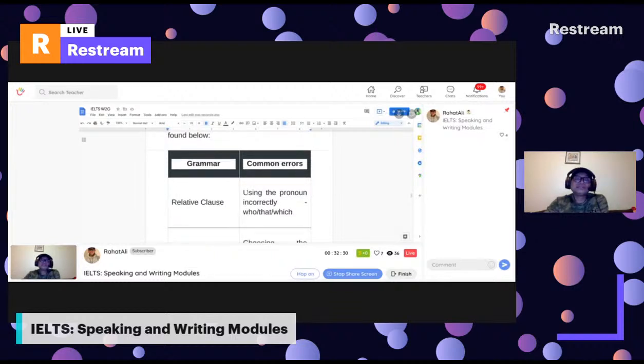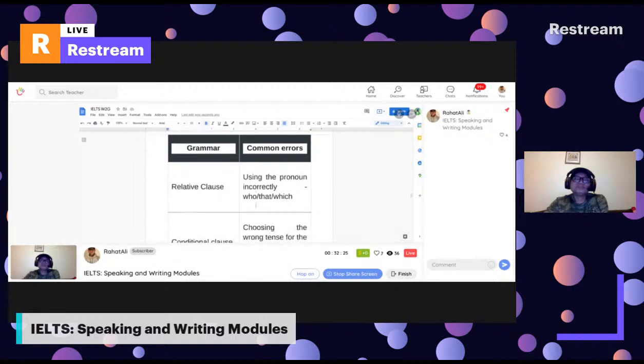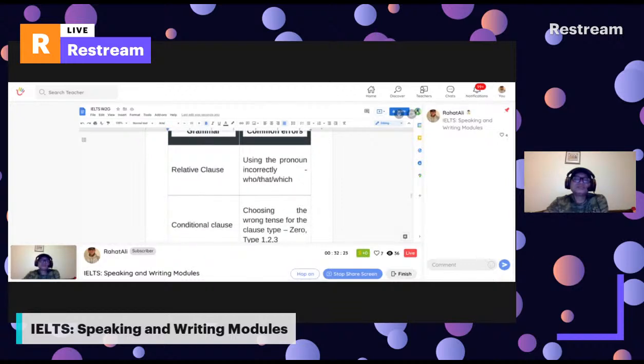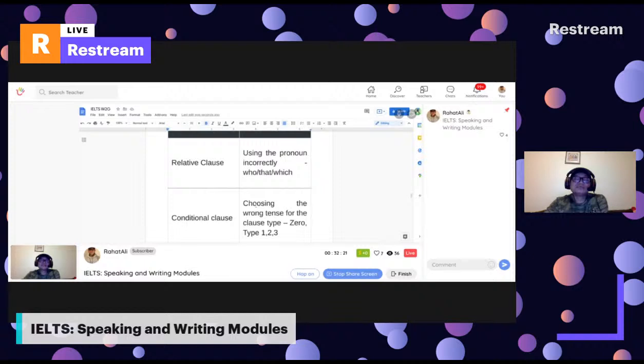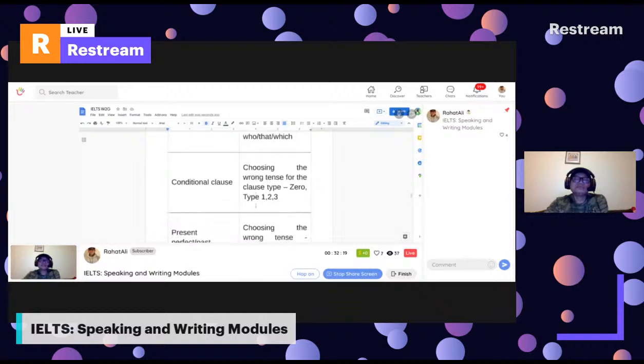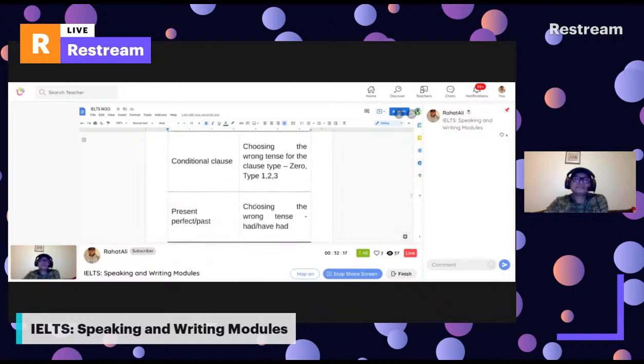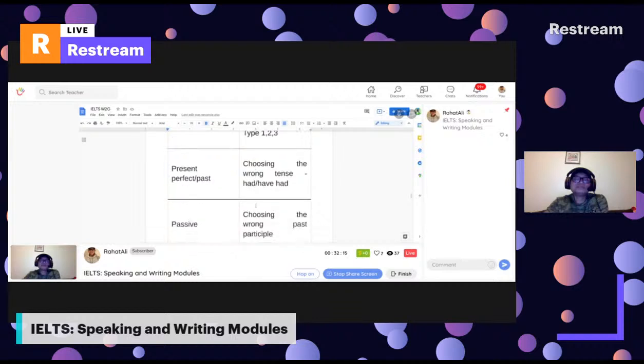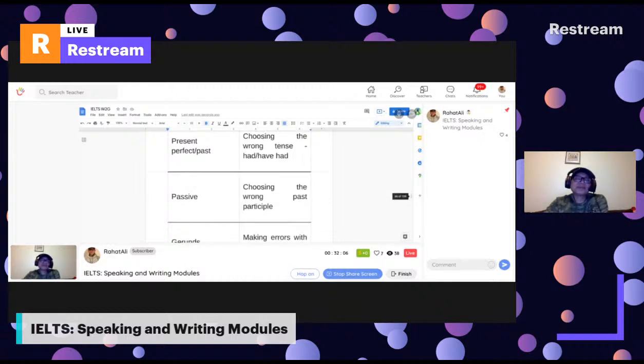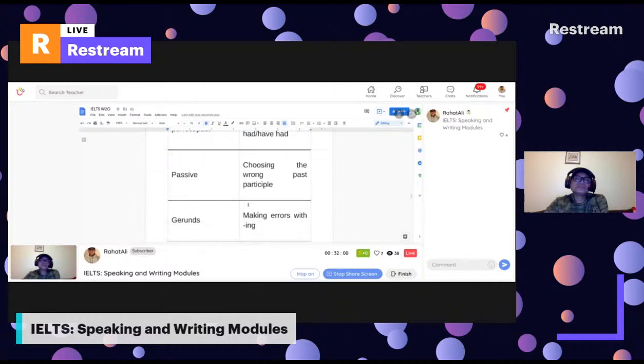Relative clauses: using the pronoun incorrectly, like who, that, which. Conditional clauses: choosing the wrong tense for the clause type, type 0, 1, 2, 3. Present perfect or past perfect: choosing the wrong tense, like had, have, had only. Passive voice: choosing the wrong past participle.